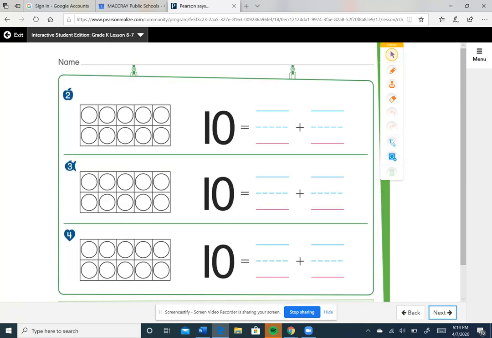Next page. Now you can either get your 2 crayons out or you can use your counters. All right. So first thing I'm going to do is write my name.